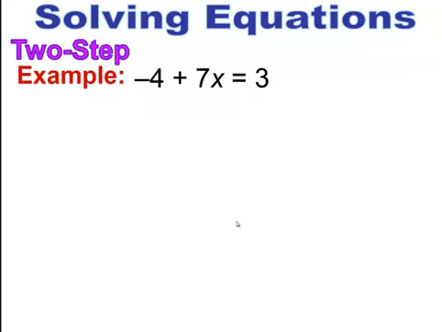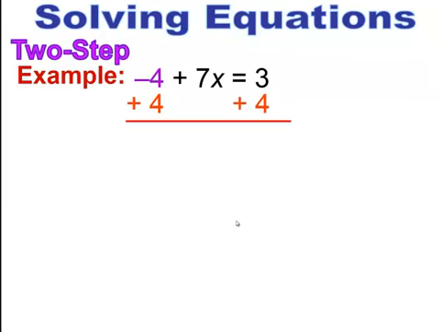This next example, you see here, I have a negative 4 plus 7x equals 3. I want to isolate the variable, which means I need to deal with that negative 4. And to remove that negative 4, you have to do the inverse, which would be add 4 to both sides.